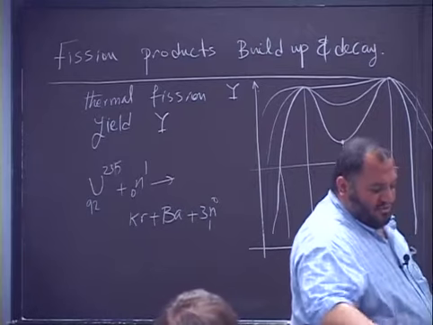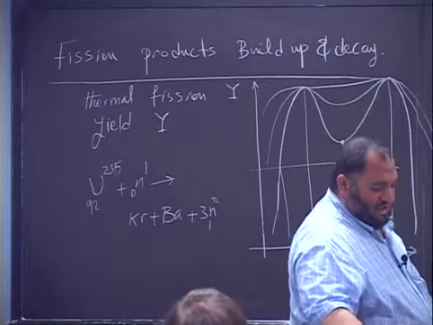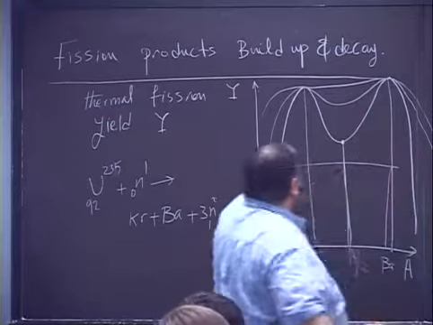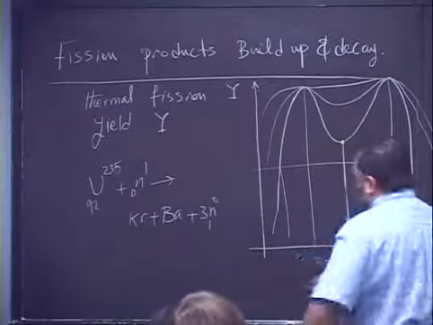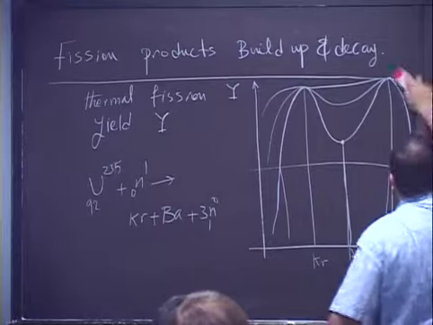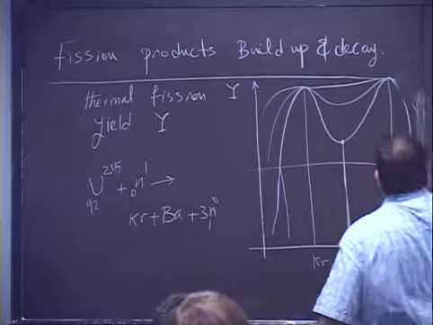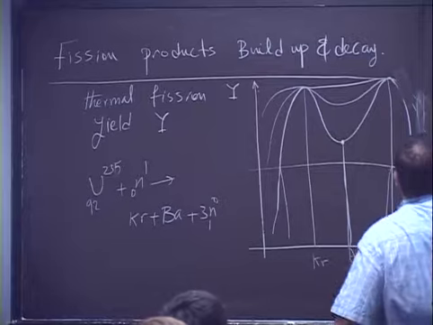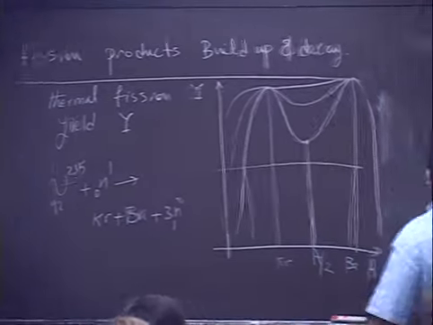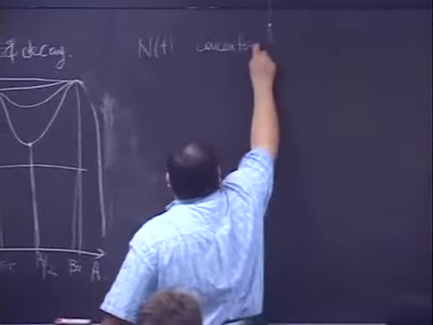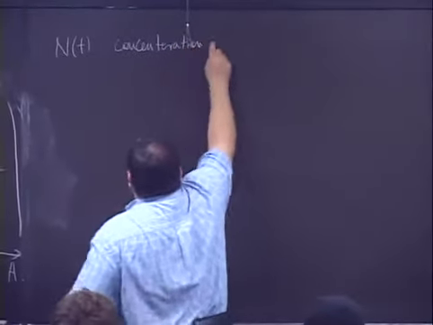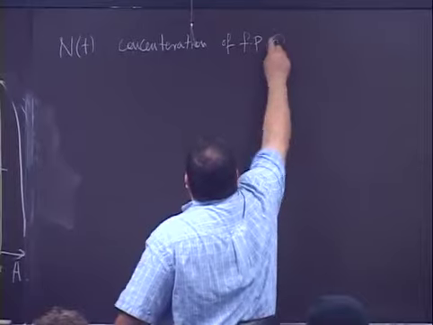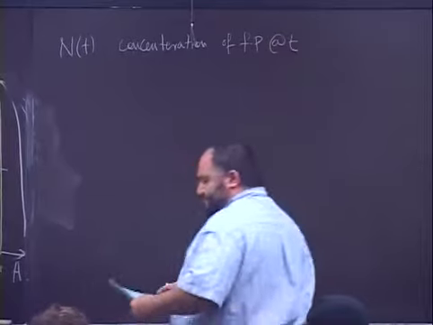So if we assume that we will have N of t as the concentration of a particular fission product. So we will look for a particular fission product, and N of t is just the concentration of the fission product at time t.